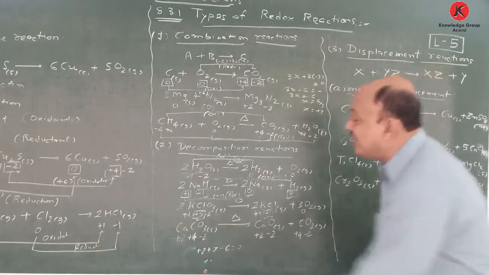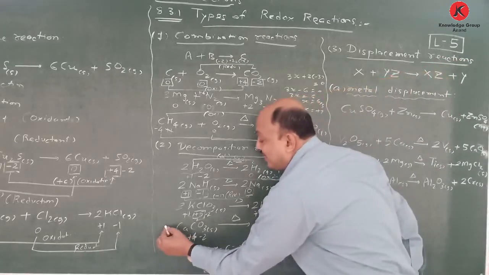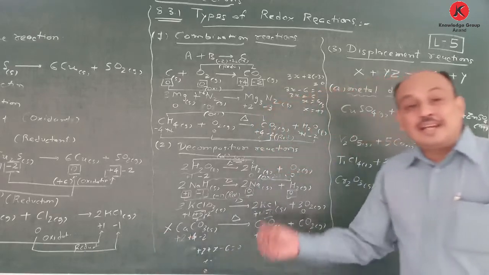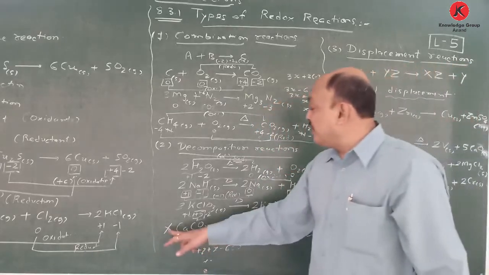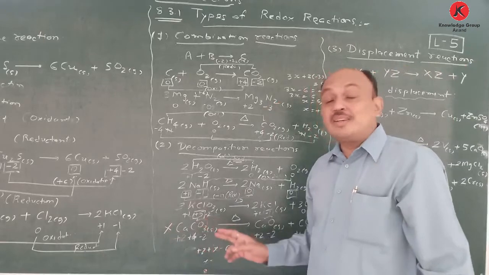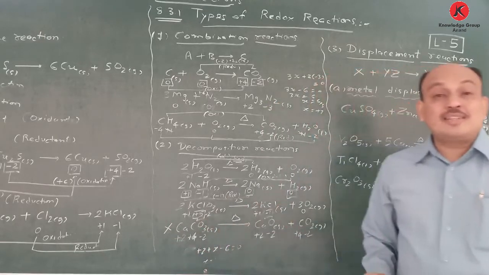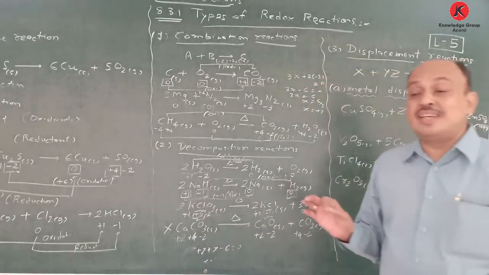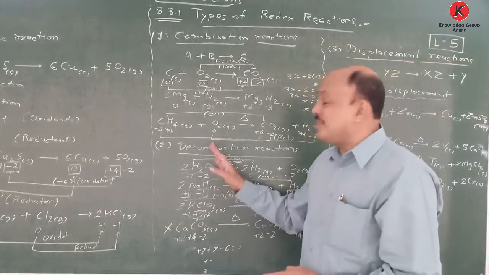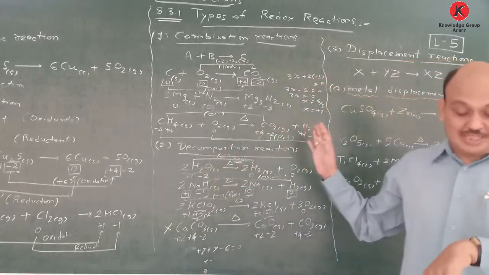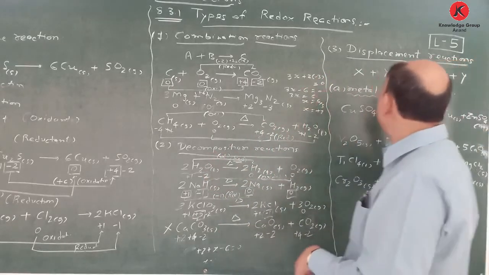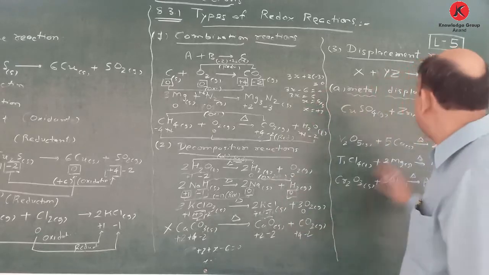So it is a decomposition reaction, but not a redox reaction. In a redox reaction, oxidation and reduction occur simultaneously: in one species the oxidation number increases, and in another it decreases.